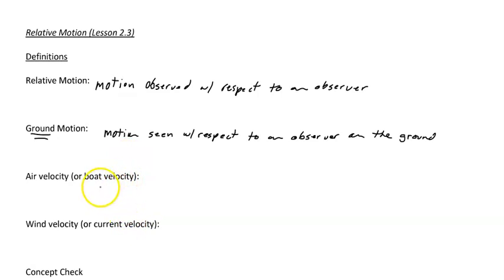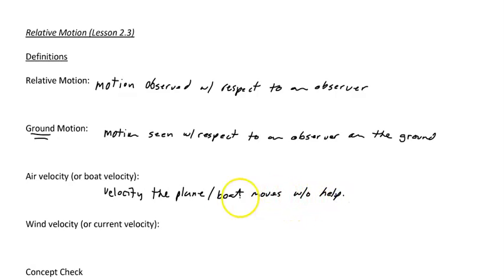And so this is the velocity the plane or boat moves without any other vectors. Without help, right? Or a hindrance, really, but without something causing it to change.